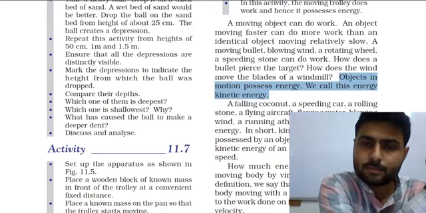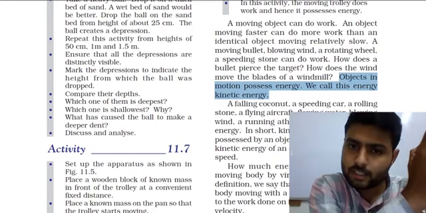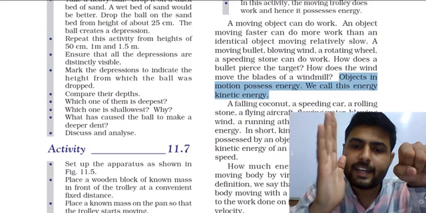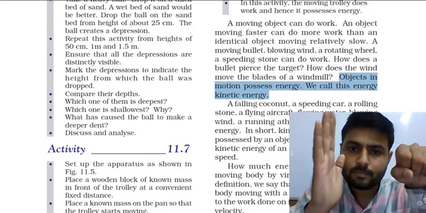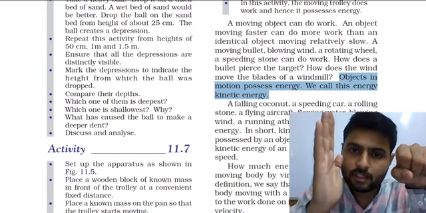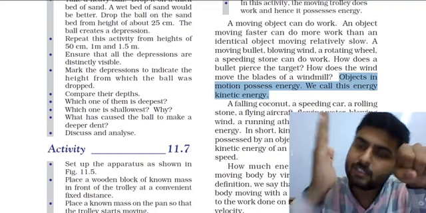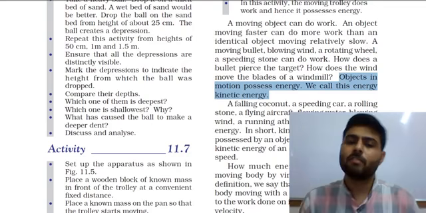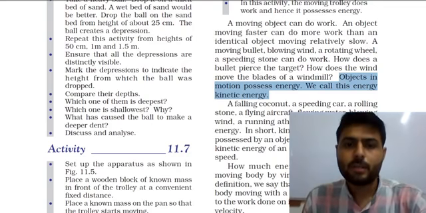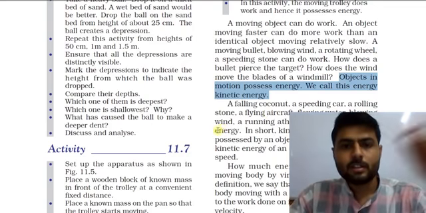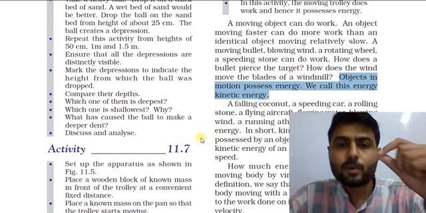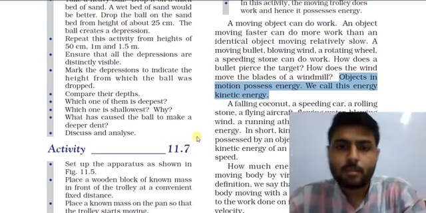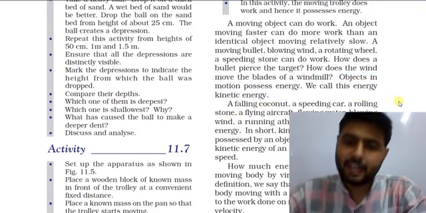It will move this object because now it has motion. So due to this motion, this hand possesses energy, and due to this energy, it can do work. So I hope you understand: energy due to motion of the object is kinetic energy.